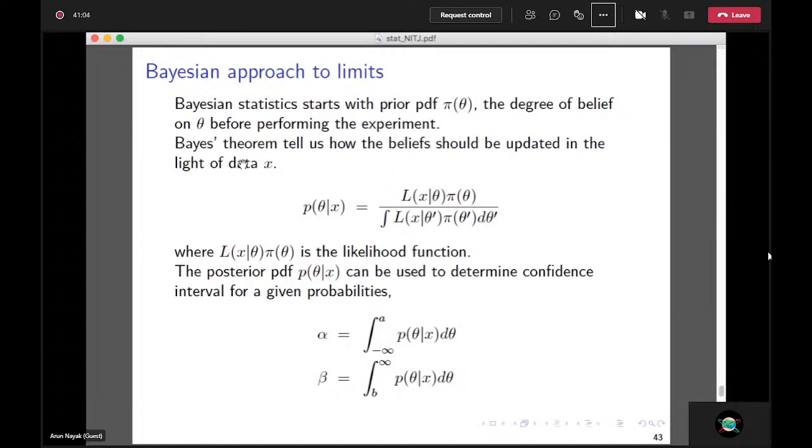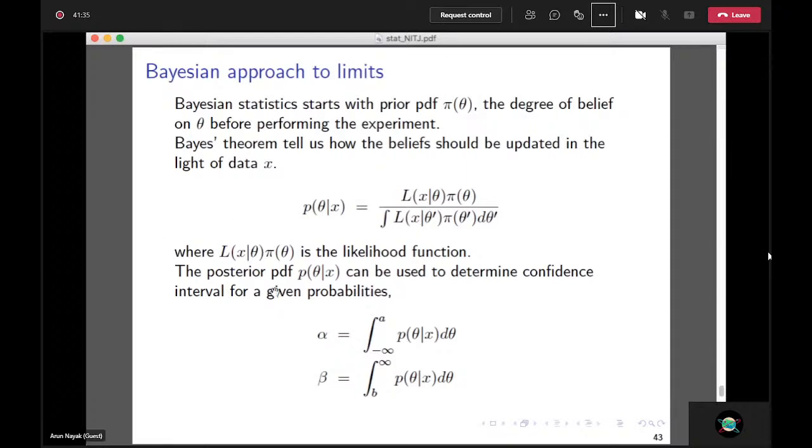Okay, and Bayes theorem gives us how the beliefs can be updated in the light of data. So the posterior probability of theta given the data is the likelihood of obtaining the data given the parameter theta times the prior probability of theta, over the integration or sum of all such likelihoods.